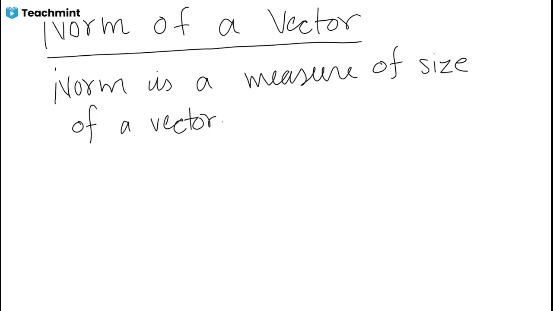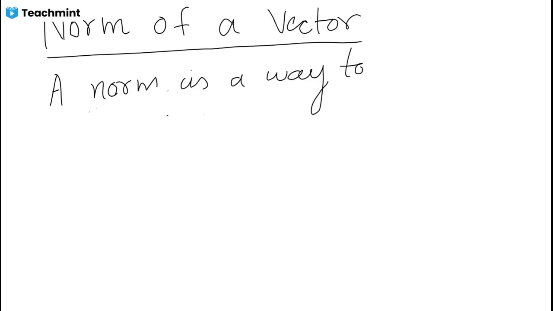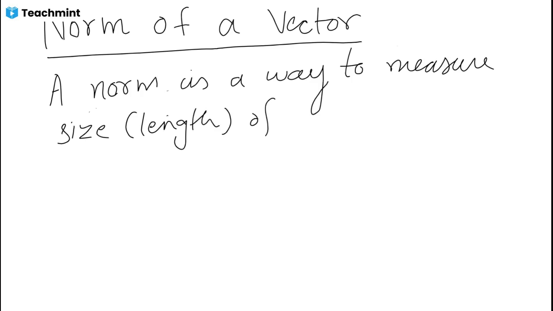Or we can represent it in this way also. A norm is a way to measure size, size as in length, of a vector, because we have only length in a vector.